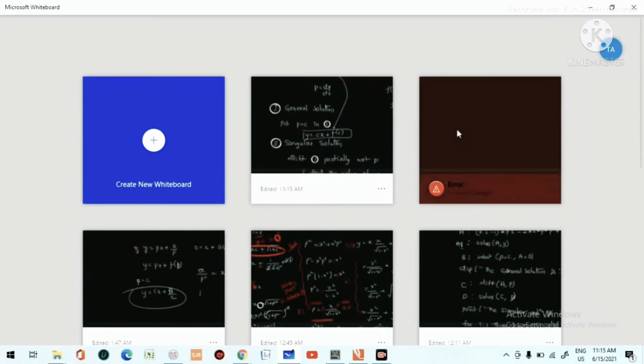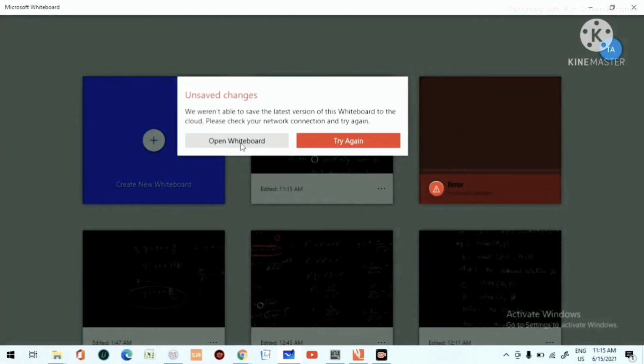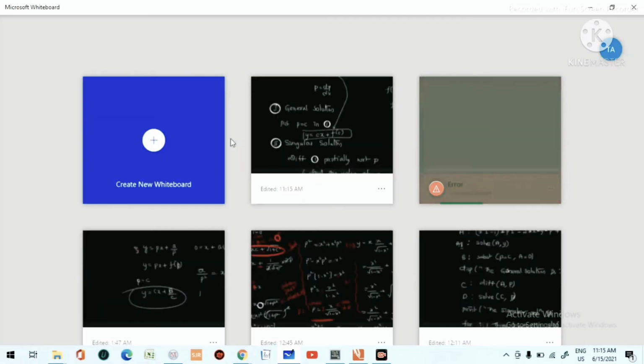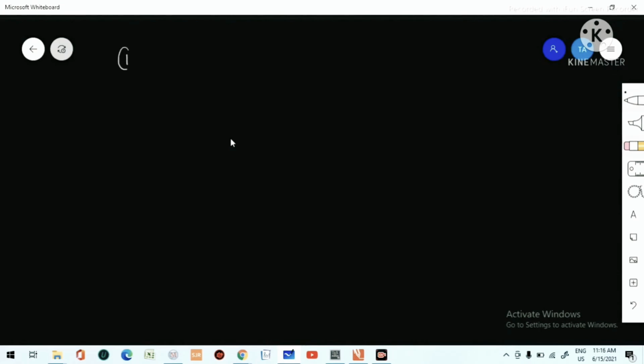First problem. Solve y is equal to px plus a by p. Just check whether this equation is in Clairaut's form.